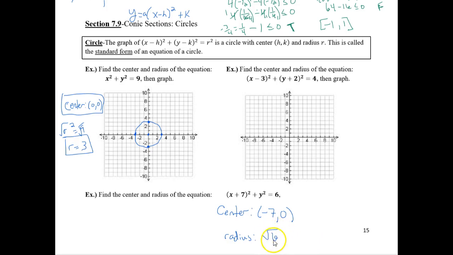You might be asked to round this to the nearest 10th or 100th, or if you were graphing, you would want to round that so that you could figure out how far away to graph that value. Again, the y value here didn't have anything, but if it did, it would be just like the x where you take the opposite sign to find the y value of the center. Why don't you go ahead and try this example on the right and see how you do.